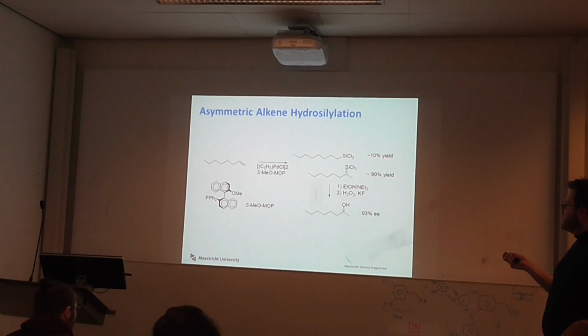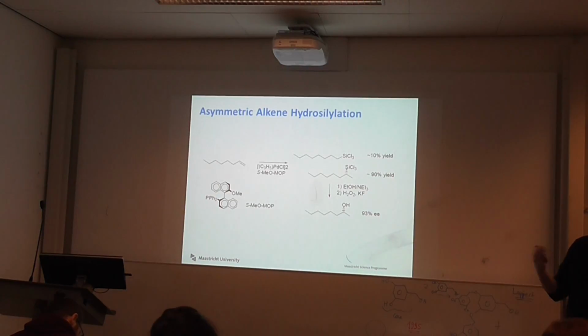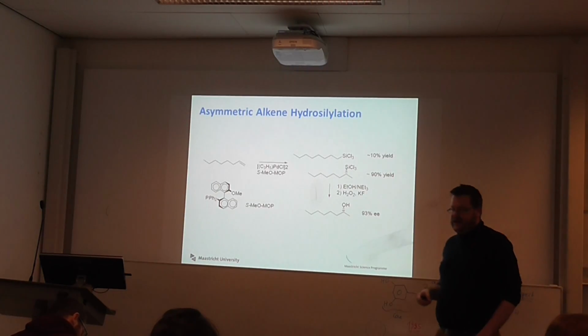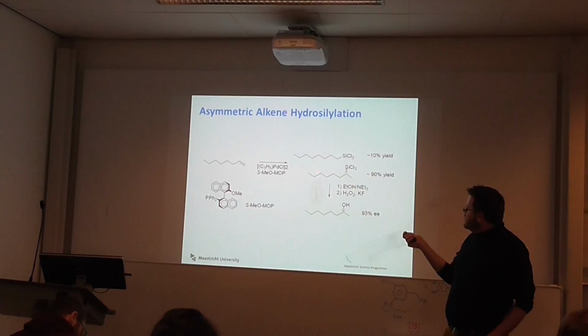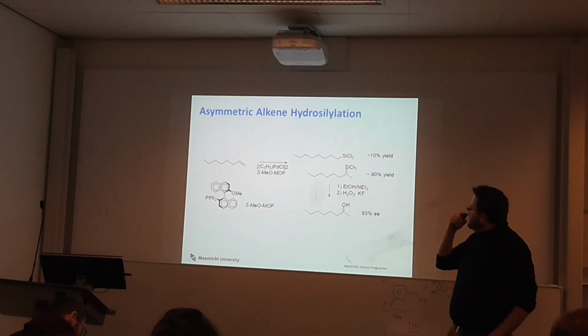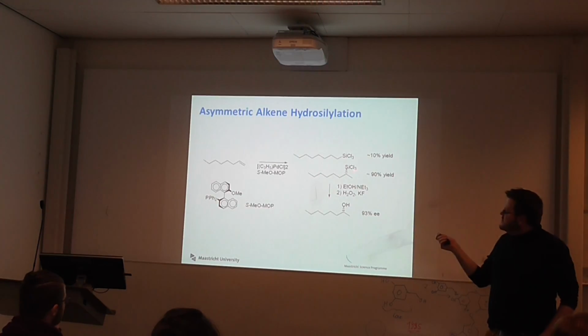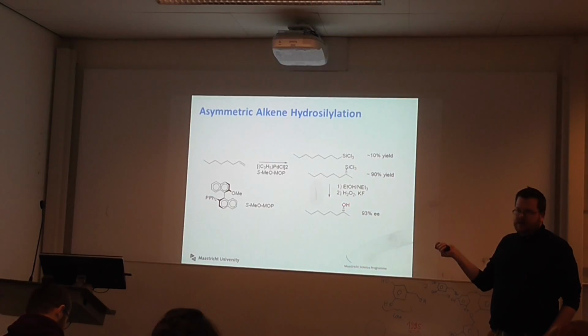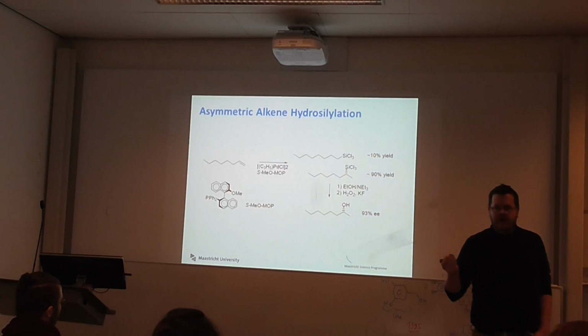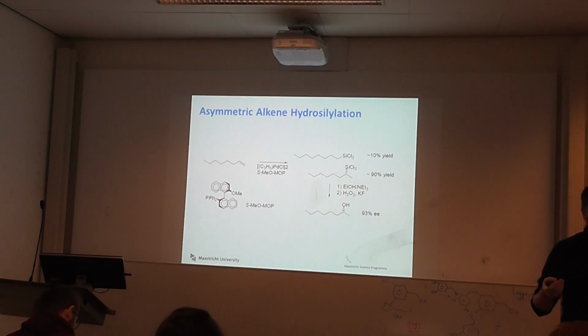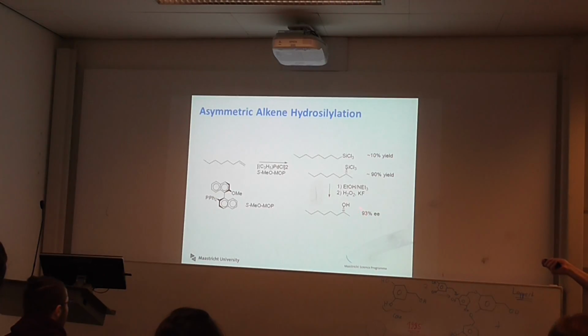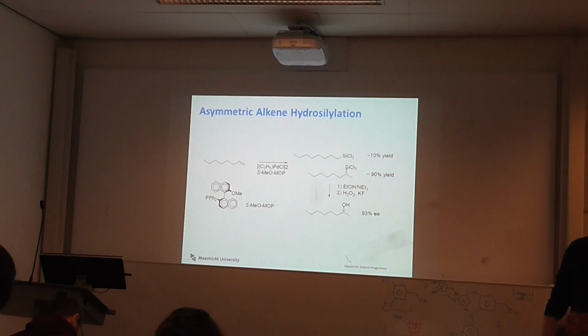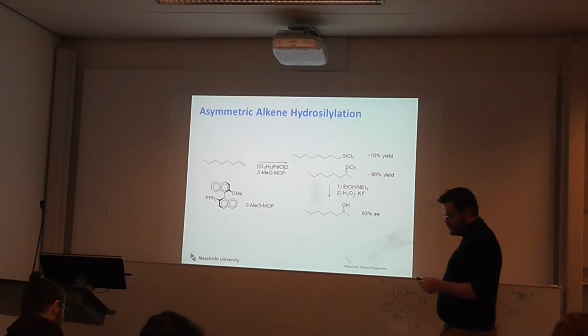Here you see it. Because basically, if you do hydrosilylation with trichlorosilane, which is quite a cheap feedstock, incidentally, you get this or this. Now, it's very easy to convert silyl groups to alcohols, which are of much higher value. Particularly something like this, which has a stereocenter built into it in 90% enantiomeric excess.